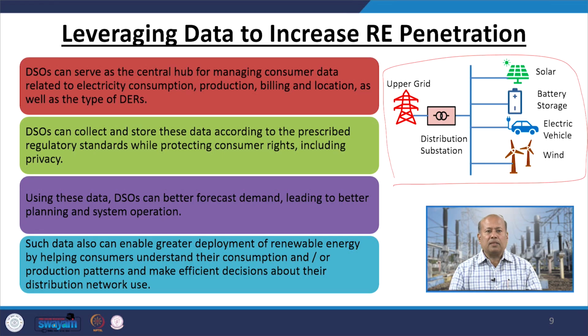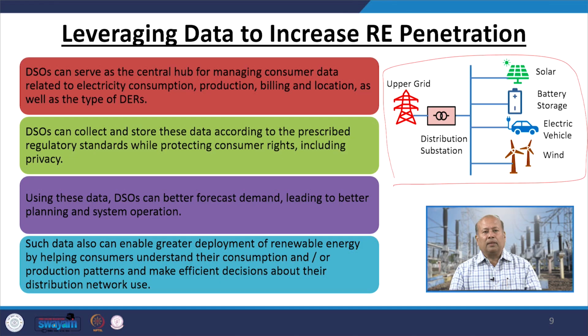DSOs can serve as the central hub for managing consumers' data related to electricity consumption, production, billing, and location, as well as the type of distributed energy resources. DSOs can collect and store this data according to the prescribed regulatory standard while protecting consumer rights, including privacy.